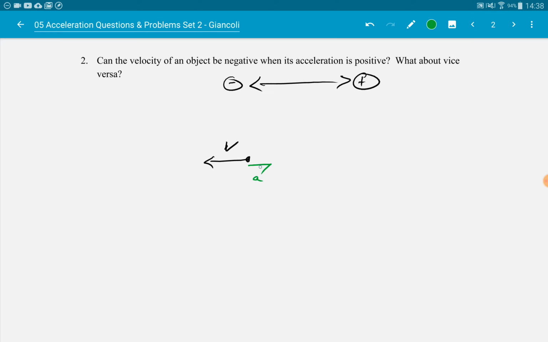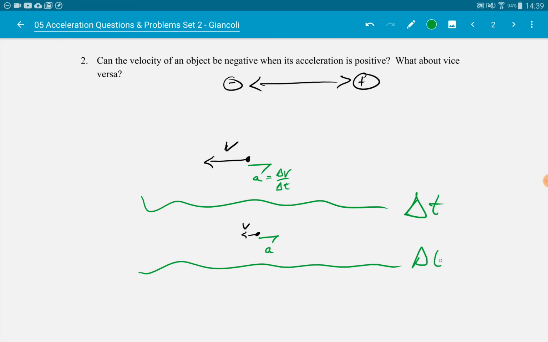But this acceleration means that the change in velocity, as acceleration is the change in velocity over time, is going to be changing towards whichever way the acceleration is pointing, which in this case is to the right. Well, if the velocity is going that way, that means that this arrow is going to have to shorten, and over some time interval, so sometime later, maybe it would look something like this, where the velocity is going to be smaller, and let's say that it'll still be accelerating this direction.